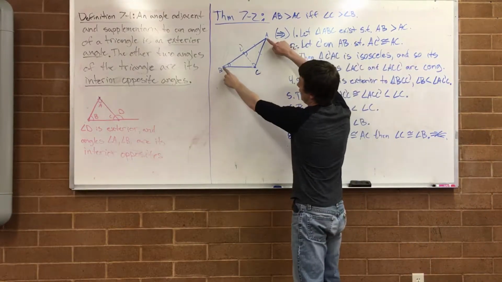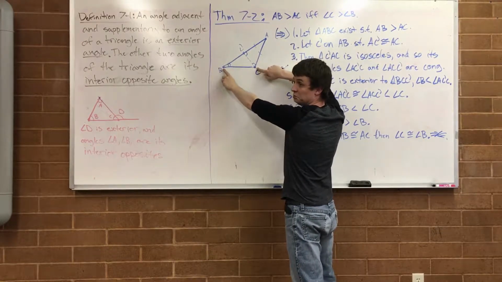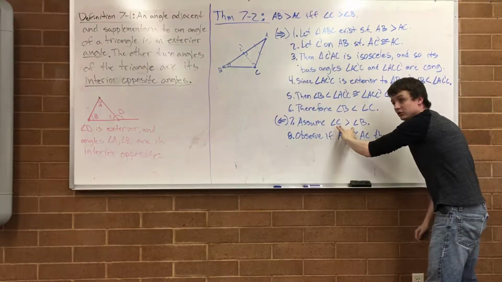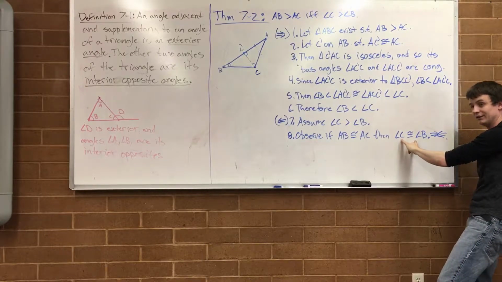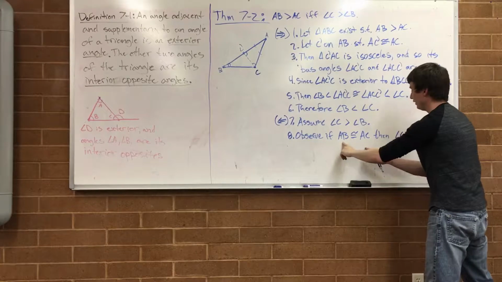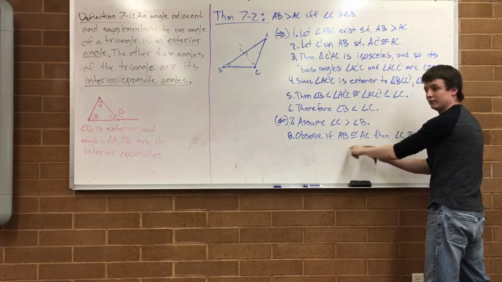If AB and AC are the same length, then that's an isosceles triangle, and so its base angles, B and C, are congruent. We already are assuming that C is greater than B. So if C is greater than B, C can't be congruent to B. So if AB were the same size as AC, this wouldn't be true. So that can't be the case.